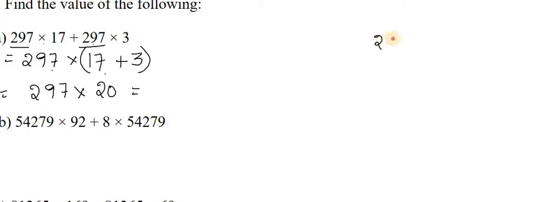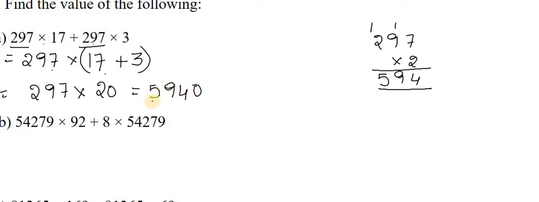So you just multiply 297 with 2. 2 sevens are 14, 2 nines are 18 plus carry 1 19, 2 twos are 4 plus carry 1 5. 5940, because we have 0, so we are just going to add 0 in the last. In this way you are going to find the value of this.